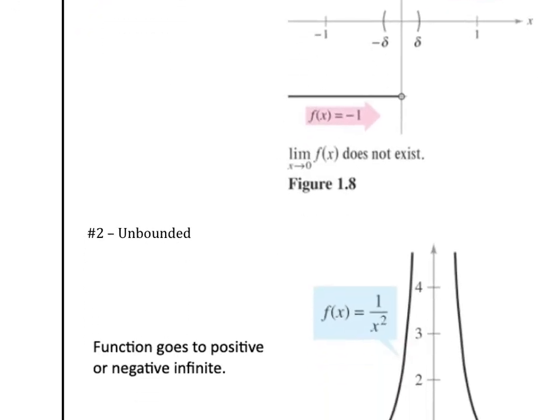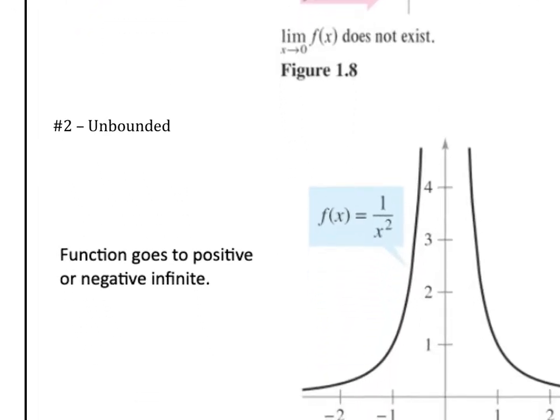Second case, when they go to infinity. Infinity is not a limit, so we'll talk about that a lot later on. But if one of them goes to infinity, any kind of unbounded actions, unbounded means it goes up forever or goes down forever, that is not a limit because we can't cap infinity.